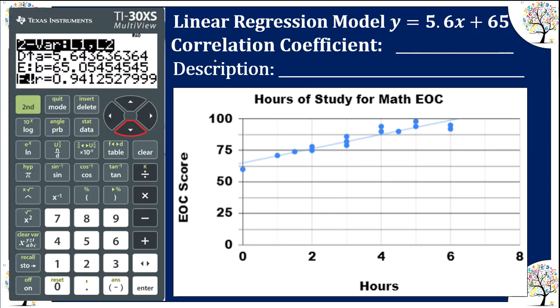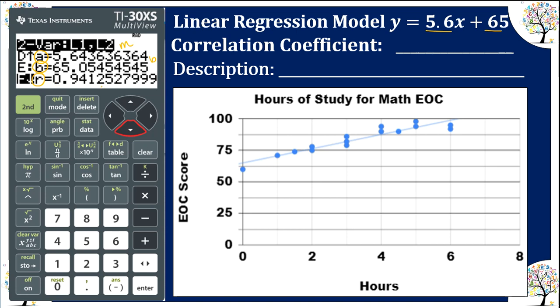To find your correlation coefficient, you do exactly what we did to find our linear regression model. And as you scroll down, here again, remember your A was your slope and your B is your y-intercept.